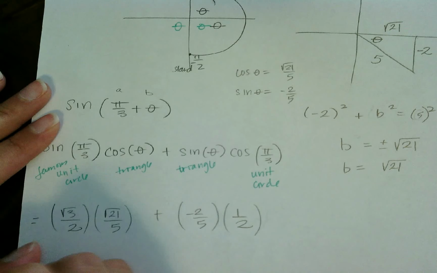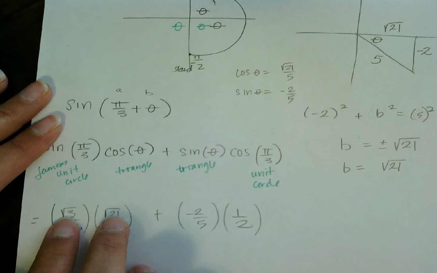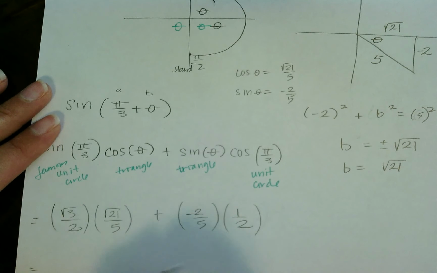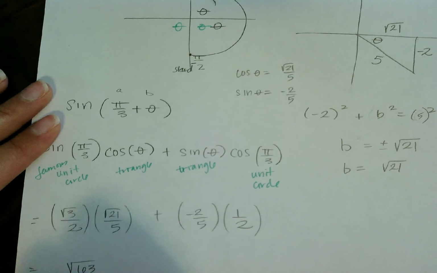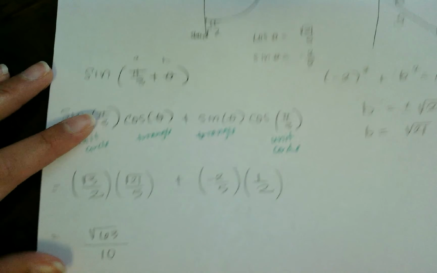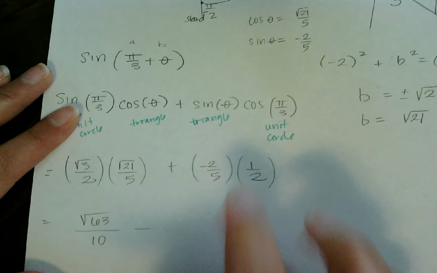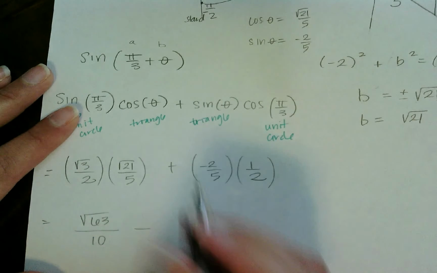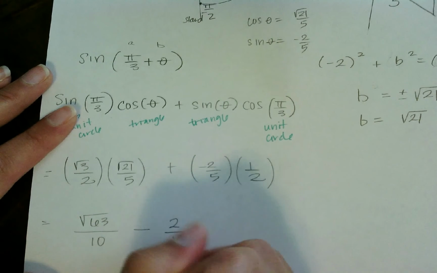And then arithmetic. You can multiply those roots because of the same root. That's the square root of 63 over 10 minus, because that's going to turn into a negative, 2 over 10.